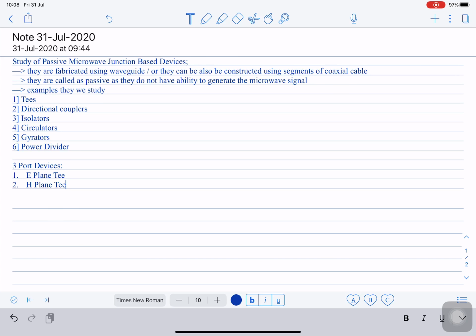Now here in these three port devices, as it consists of a three port structure, it is very important to consider the property of electrical symmetry and electrical anti-symmetry. If you recall, while studying the properties of a scattering matrix, we defined those properties, electrically symmetrical and electrically anti-symmetrical.